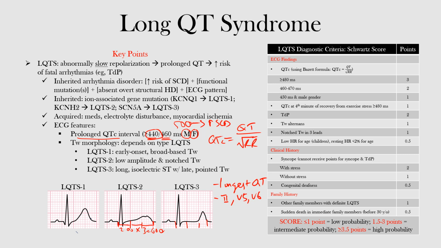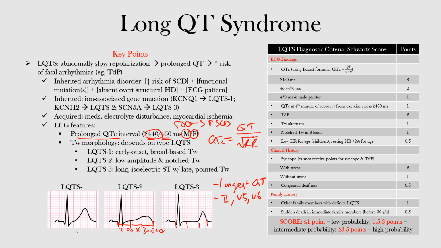Now, the second EKG feature to be aware of has to do with the T-wave morphology. If you recall, we said that there are 3 major genes that have been implicated in the majority of cases. They are the KCNQ1, KCNH2, and SCN5A. These 3 genes have been subtyped into 3 different types of long QT syndrome: long QT syndrome type 1, long QT syndrome type 2, and long QT syndrome type 3.